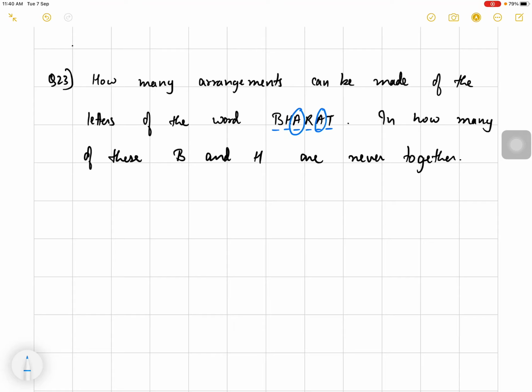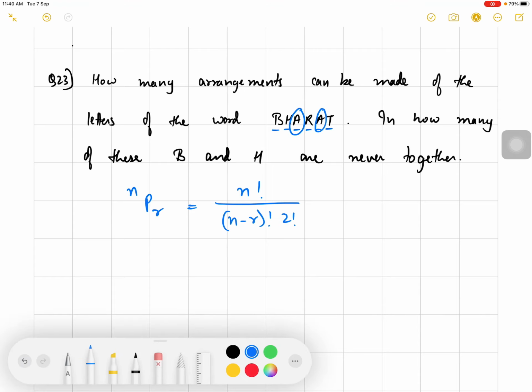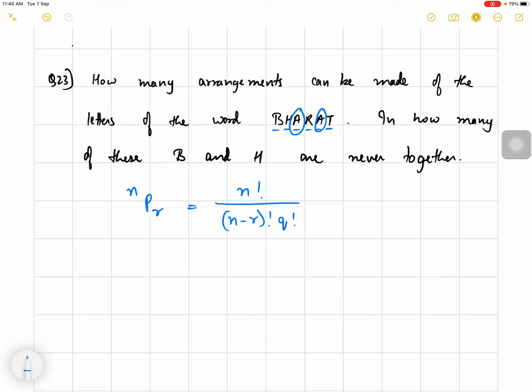So here nPr is equal to n factorial divided by n minus r factorial and 2 factorial. I will name that as Q, so Q factorial. Here n is equal to 6, r is equal to 6, because the number of places is 6 and the number of letters is 6, and Q is equal to 2.